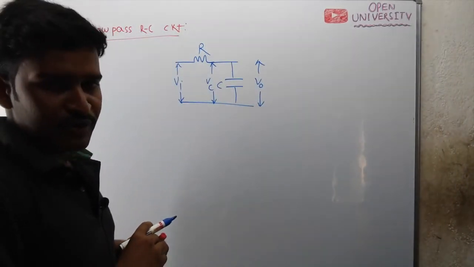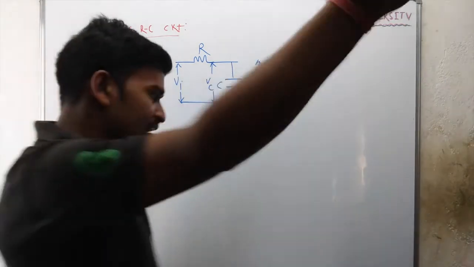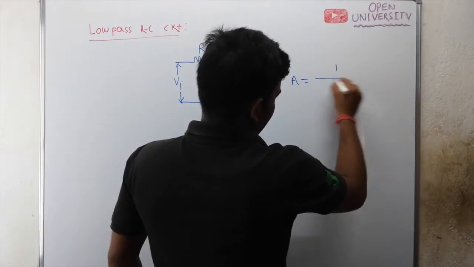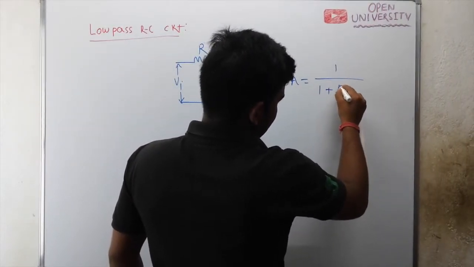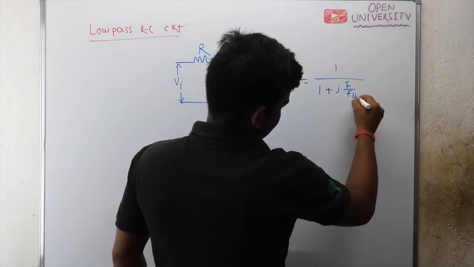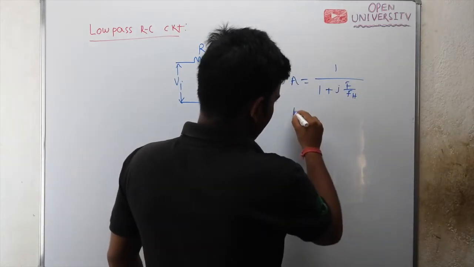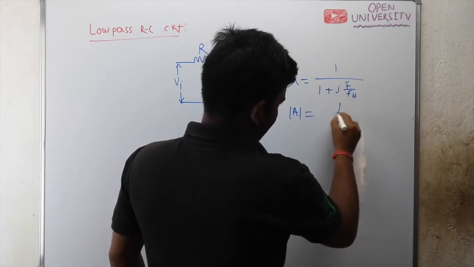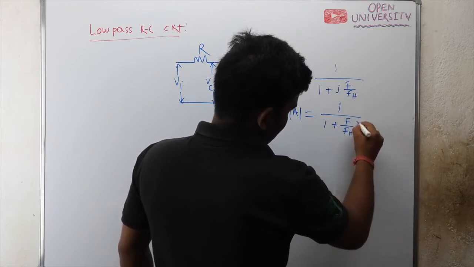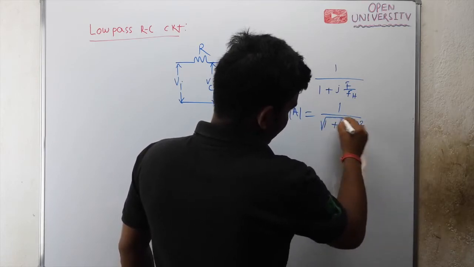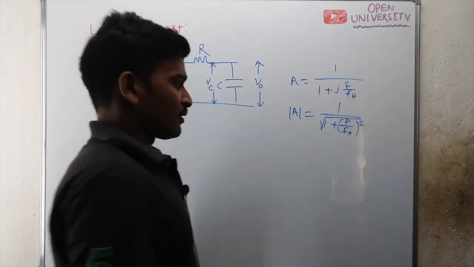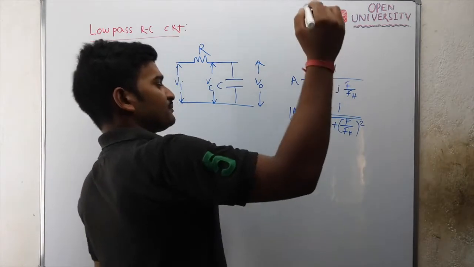Then I derived the formula for gain. The gain formula was gain equal to 1 by 1 plus j f by fh, and the magnitude of the gain was 1 by square root of 1 plus (f by fh) whole squared, where fh is called the cutoff frequency or 3 dB frequency.